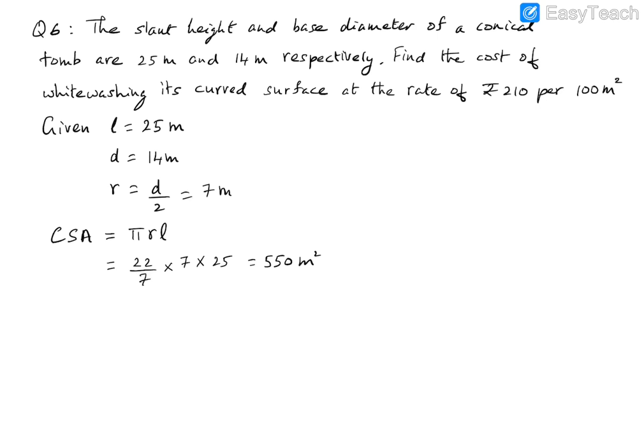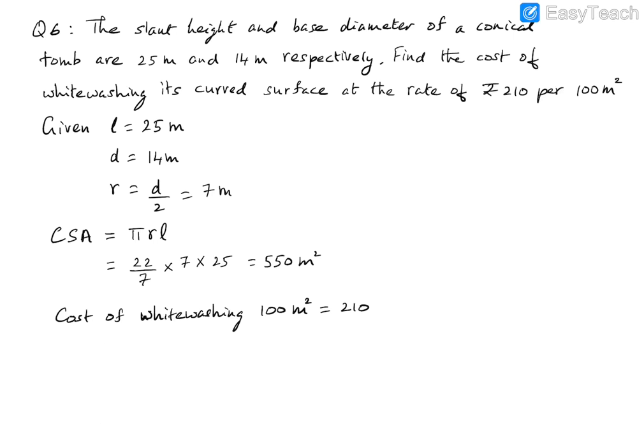The next piece of information available with us is the cost of painting 100 meters square. So let's write that. Cost of painting or whitewashing 100 meters square is rupees 210, equals 210 rupees.